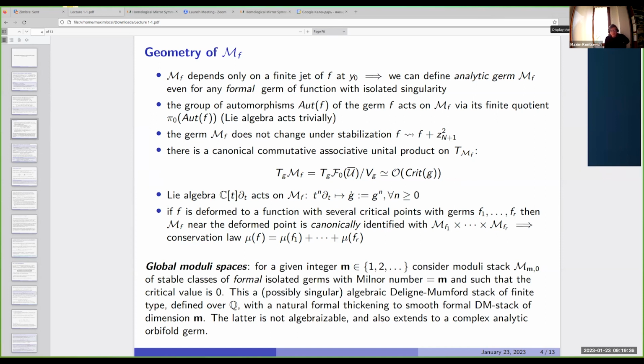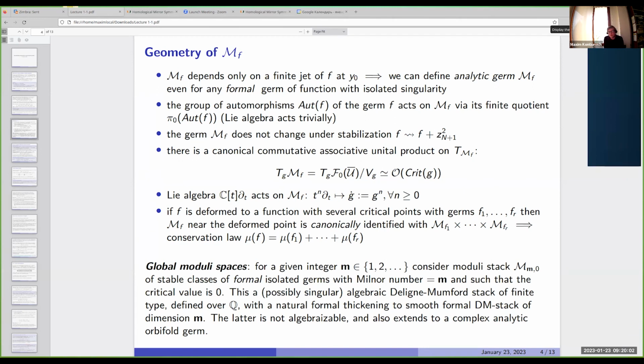What else? If you consider the tangent space to any point on this germ, you consider a function close to f, defined in some domain U bar. Then the tangent space is a quotient of the space of functions by the subspace obtained by application of vector fields, and it's an ideal.